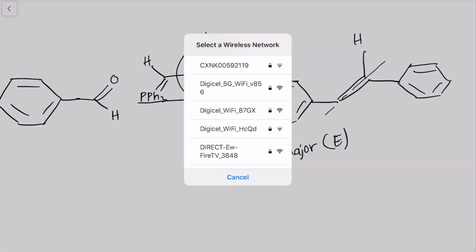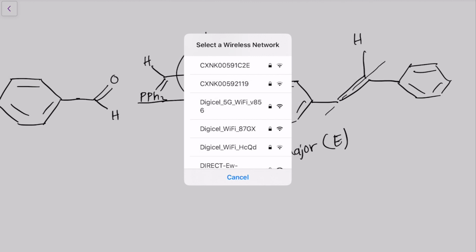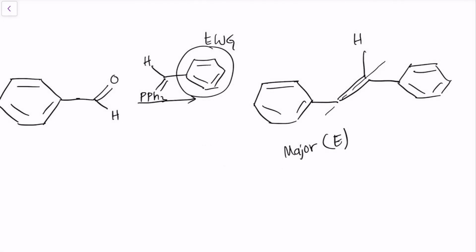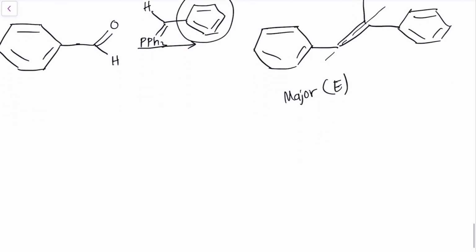So depending on the product that you are using, and depending on whether it is an electron withdrawing group or an electron donating group, you end up getting the final product. So let's take a simple example and let's try to see if we can find the product of this reaction.